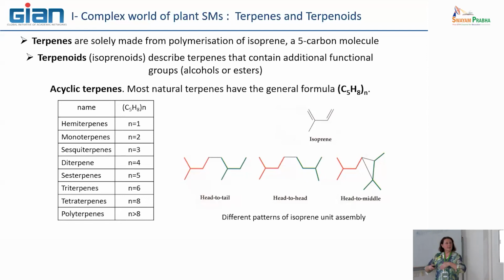And after, you can add one and one and one more, so you can define what we call sesquiterpenes, which have three isoprene motifs, meaning they have 15 carbons, because isoprene is 5 carbons. And then diterpenes, sesterterpenes, triterpenes, tetraterpenes, which are the best known and most useful terpenes in the world.